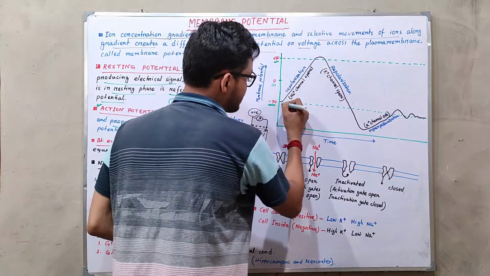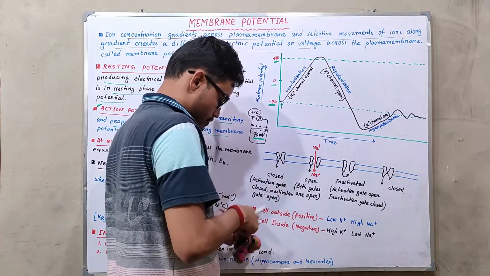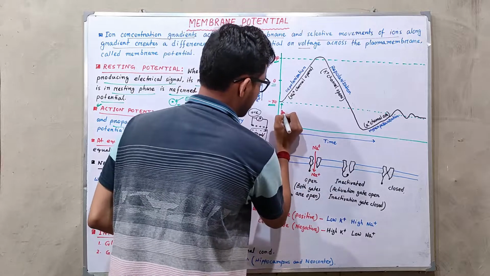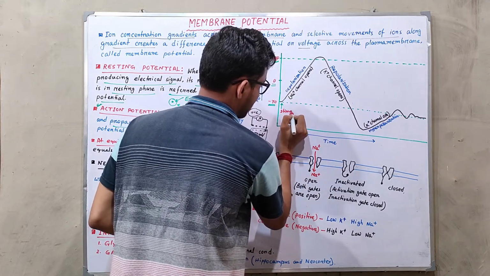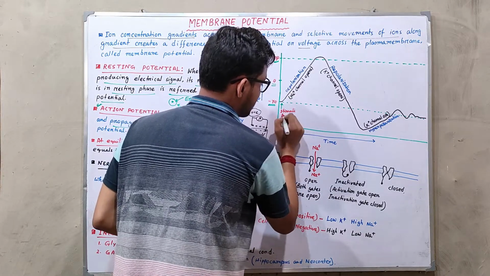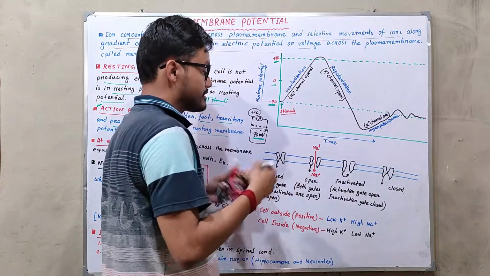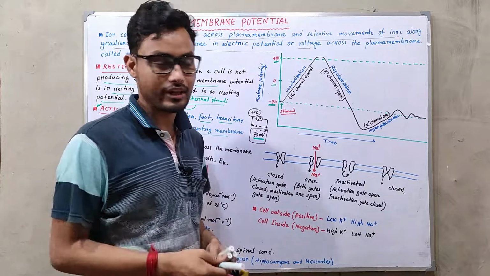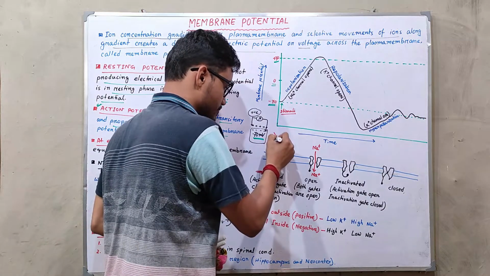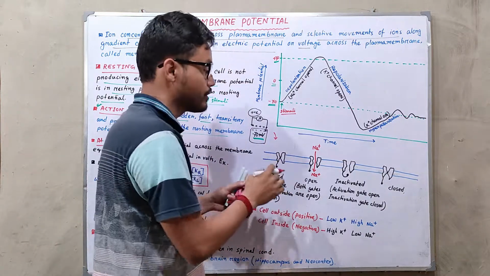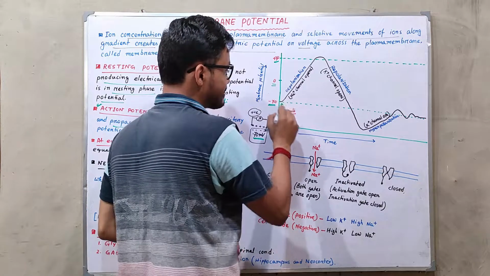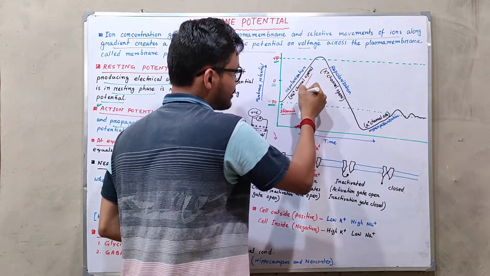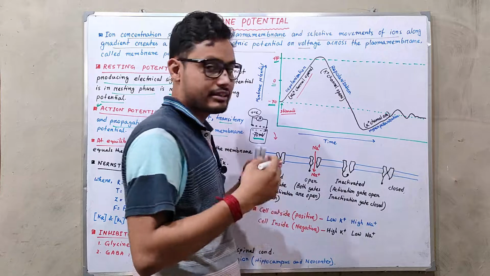Whenever we apply stress or stimulus here, the cell gets excited and it allows the rapid influx of sodium ions, just like this structure below. I will elaborate later. Basically this stimulus opens sodium gated channels and the membrane gets depolarized.